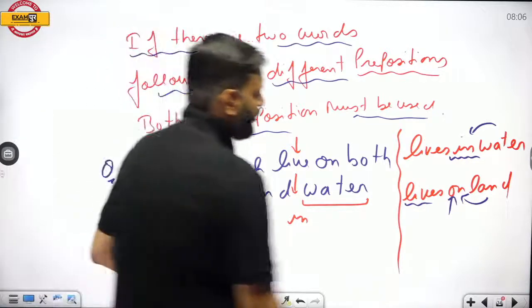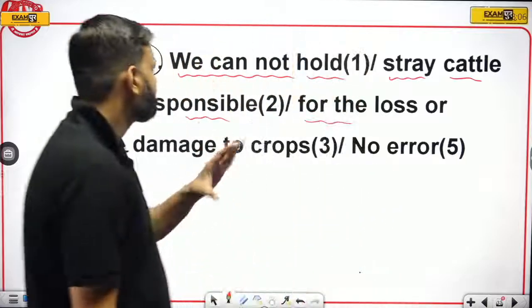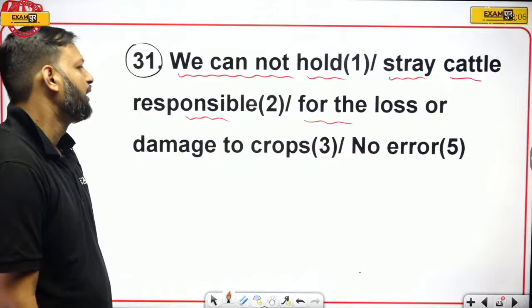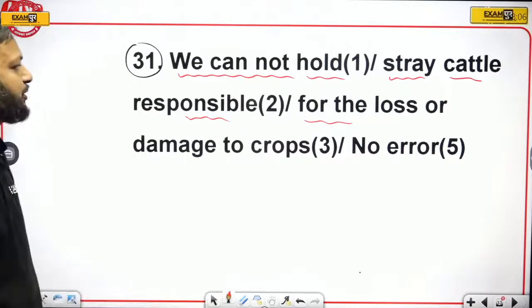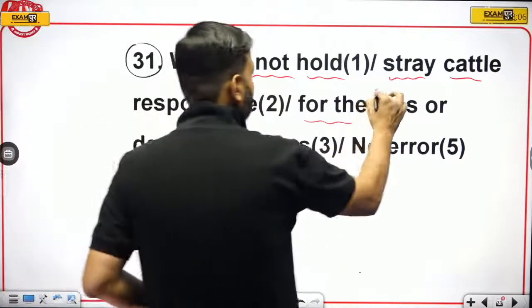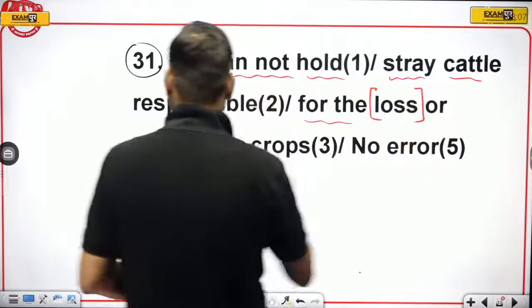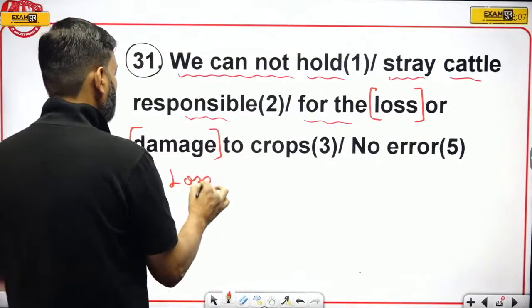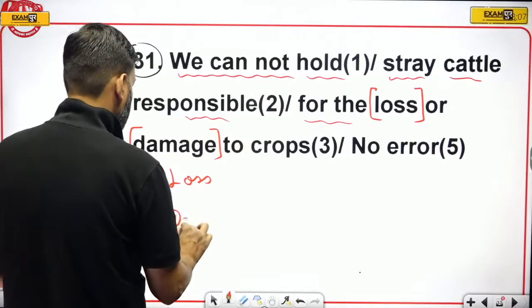Same is the case with this sentence, we cannot hold stray cattle responsible for the loss or damage to. Now here we have two words, loss and damage.